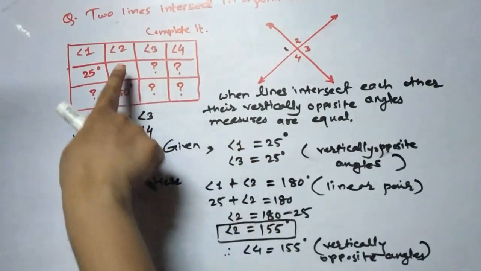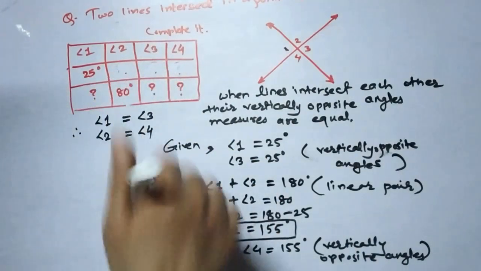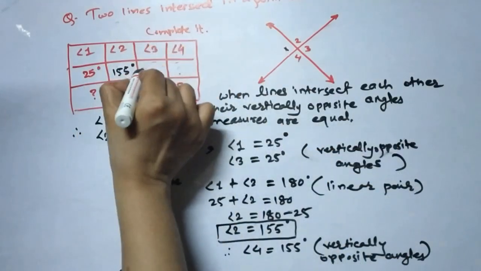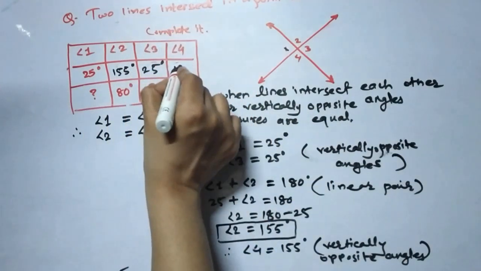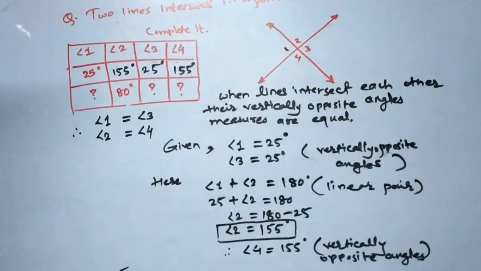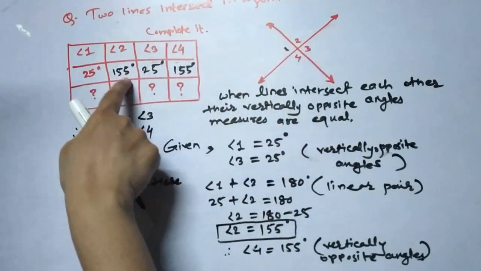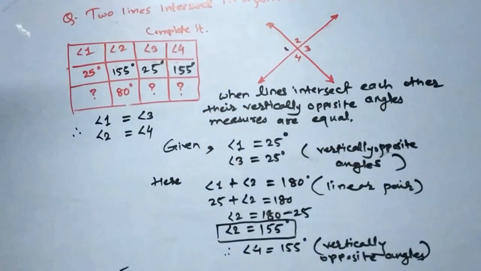So friends, instead of these question marks, you can put here angle 2 is what? 155 degrees. Angle 3 is what? 25 degrees. And angle 4 is what? Again 155 degrees. So 1's measure is equal to 3's measure, vertically opposite, and 2's measure is equal to 4's, vertically opposite angles.